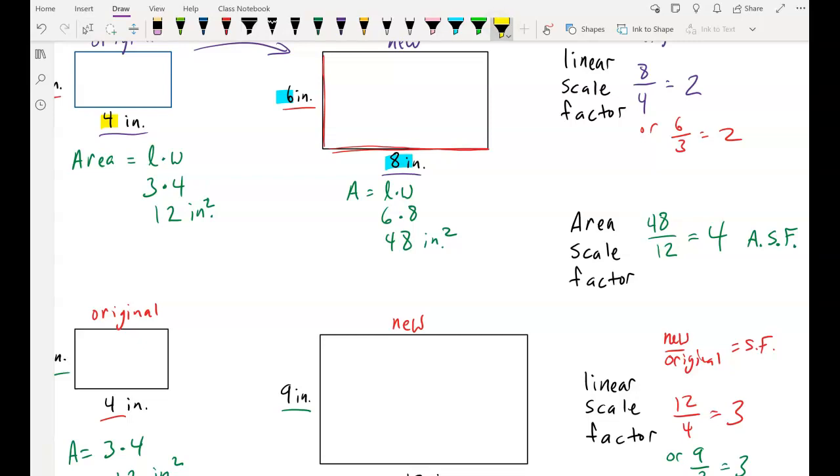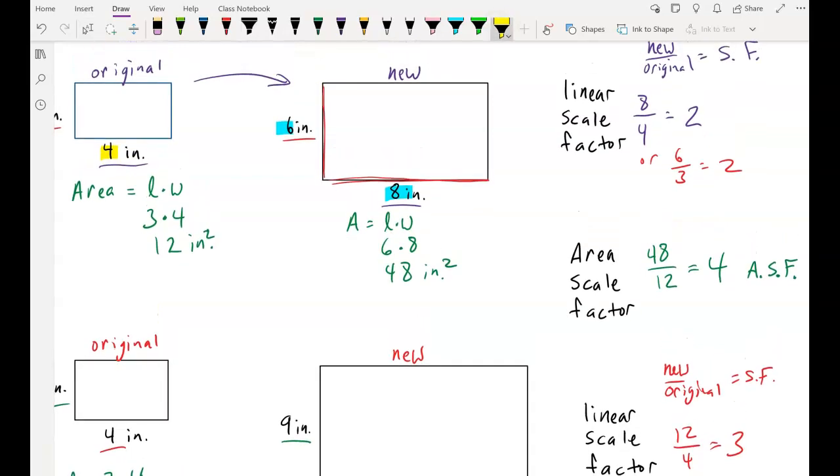The linear scale factor of our first one was 2. The area scale factor was 4. And I want you to see that if we take the linear scale factor, which is 2, and we square it, that's going to give us 4, which is the area scale factor.